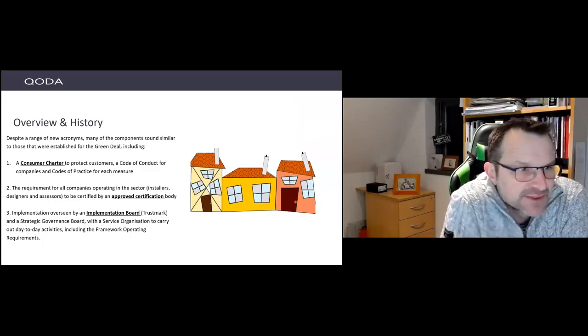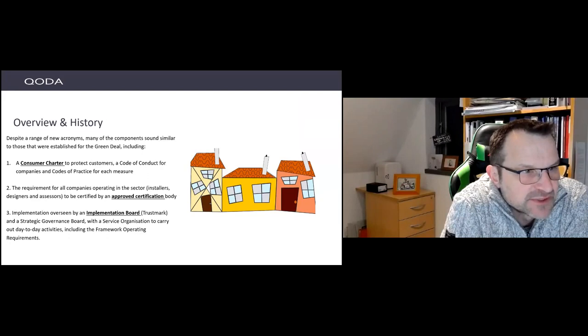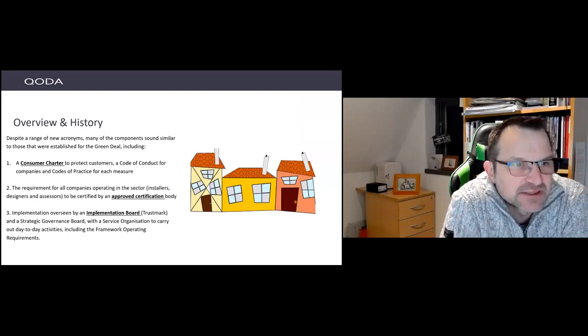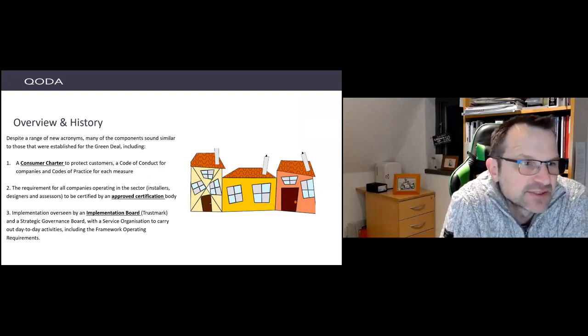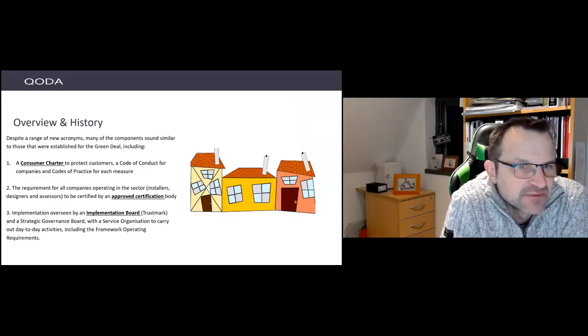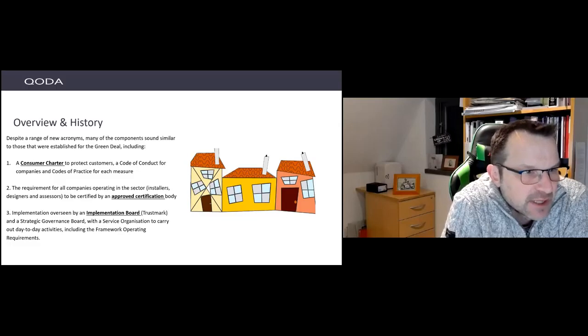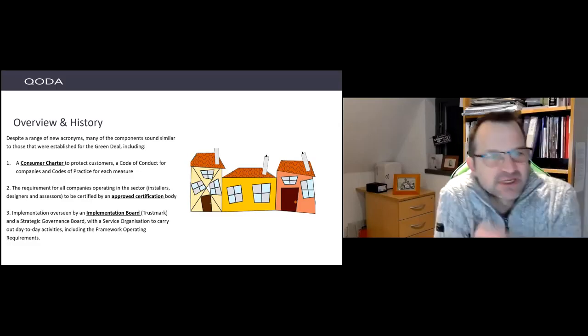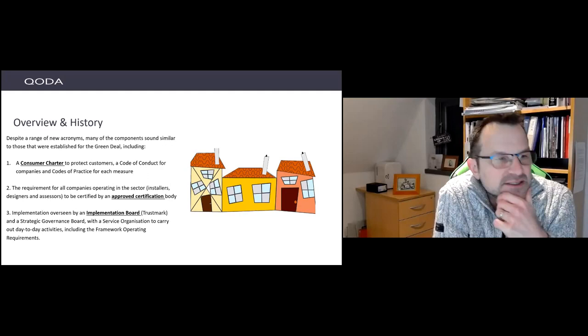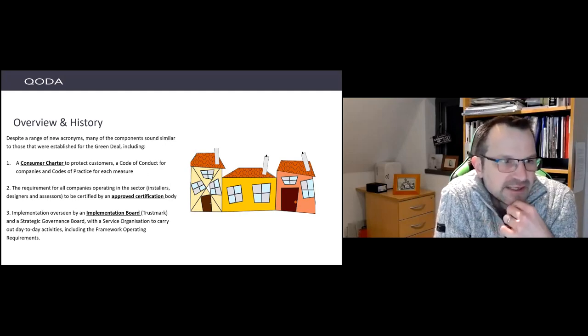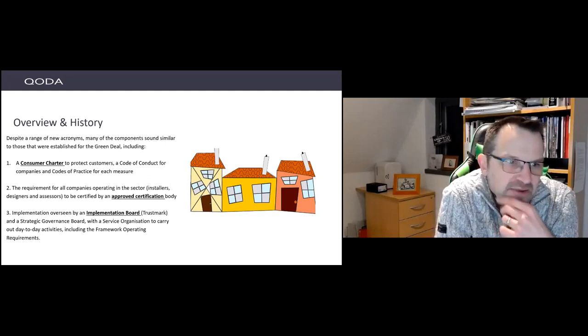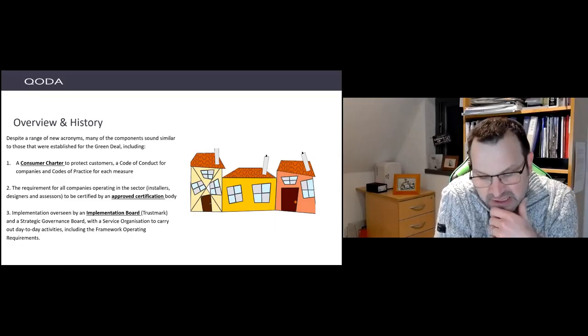So one of the key ones is the idea of producing a consumer charter to help protect customers, and introducing a code of conduct for companies, and also a code of practice for each element of works that you do to a house. There's also an approved certification scheme for installers and designers and assessors, and there would be an implementation board, i.e. Trustmark, to basically make sure that the whole system is working correctly.